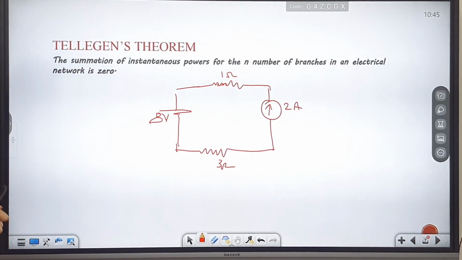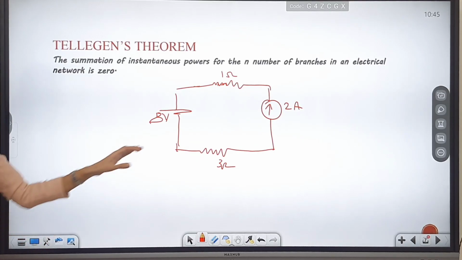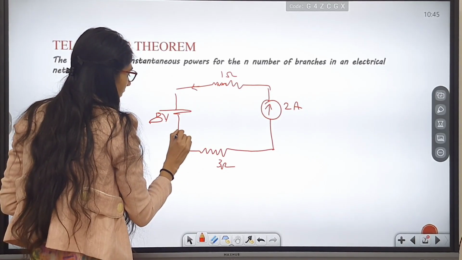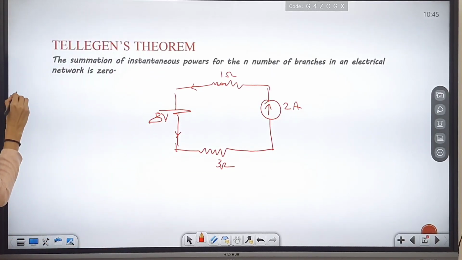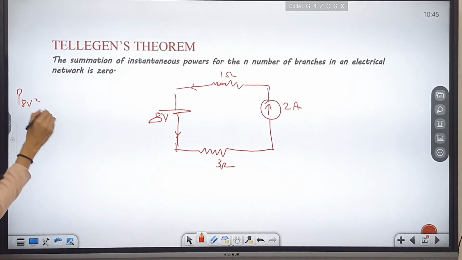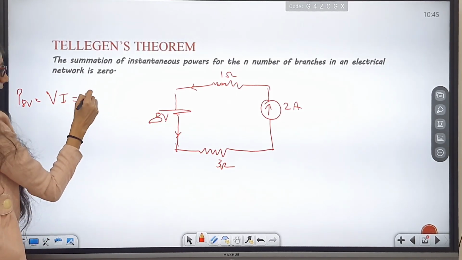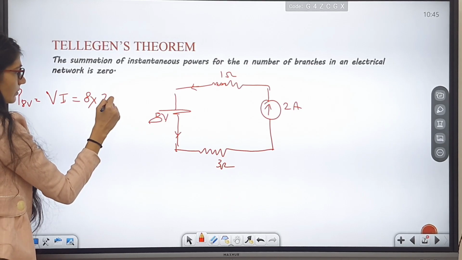Now you are asked to verify Tellegen's theorem in this circuit. It's given that the current in the circuit is 2 ampere. You can find the power of the 8 volt source. It is V into I. V is 8, current through the circuit is 2, so it is 16 watt.